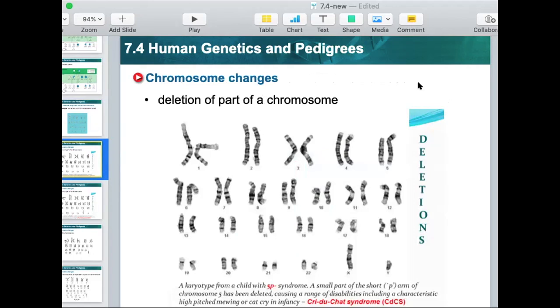What we should see on here is that these homologous chromosomes are the same exact length. If you see ones that are not the same length, then that's going to be deleted. So go through and see which ones are not the same length. Number 5, exactly. Do you see right here that this top part's gone? Each chromosome should be about the same length, and number 5 has a deletion right here.